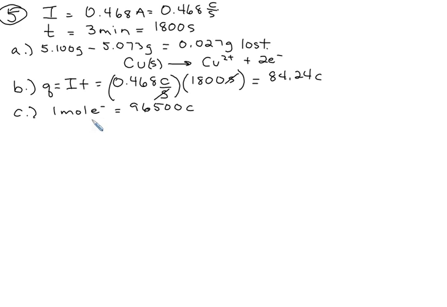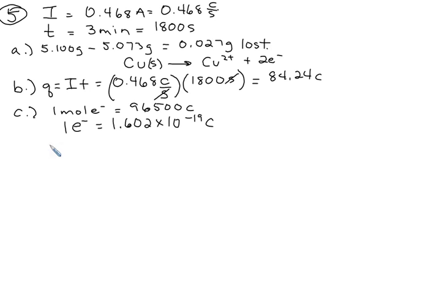Well, if we were to figure out, okay, well, how many coulombs is 1 electron? 1 electron is equal to 1.602 times 10 to the negative 19 coulombs. Now, how did I get that number? Well, they gave it to you in your lab, number 1. And it's just using Avogadro's number to go from moles to just individual electrons.